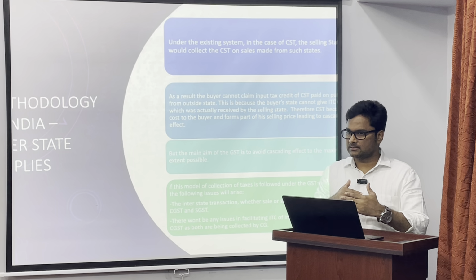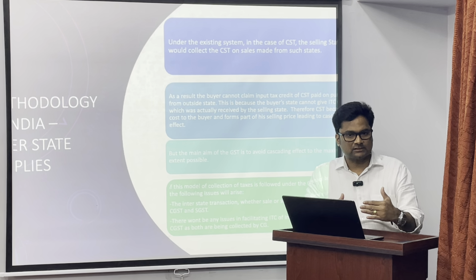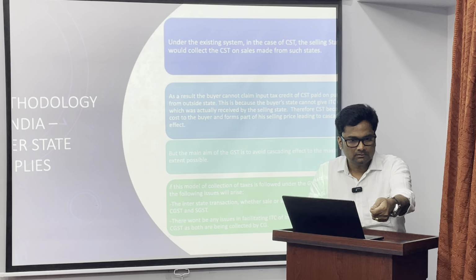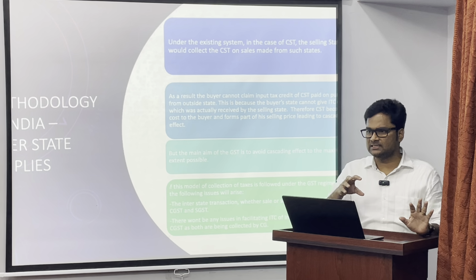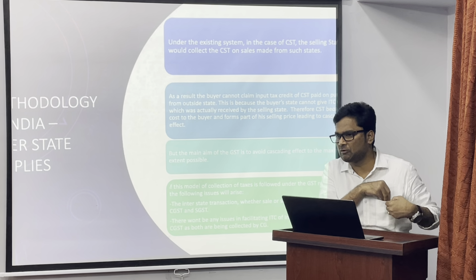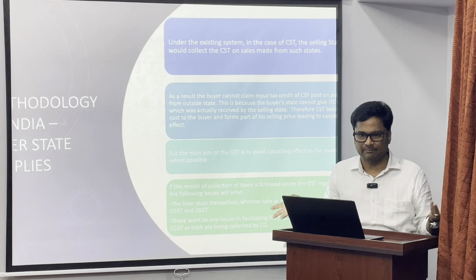So interstate supply should be taxed in such a manner that the buyer state should be able to give input tax credit. See, the central portion won't be an issue because all the CGST is going to one pocket. Which pocket? Central government. So they can give input tax credit, whether intrastate supply or interstate supply.